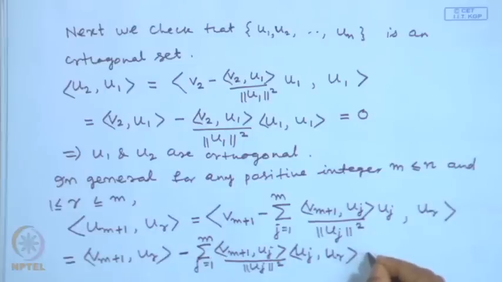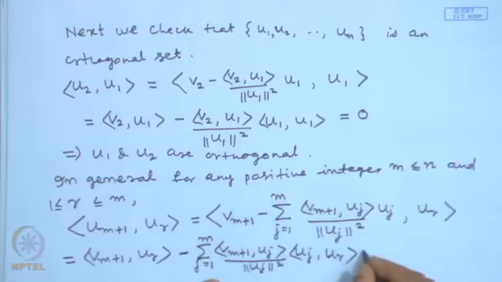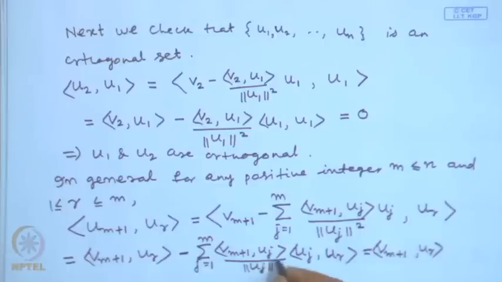Again from orthogonality, because it is true for all these lower values, only the j equal to r term survives, and we get the inner product of v m plus 1 with u r minus the inner product of v m plus 1 with u r, and this is equal to 0.